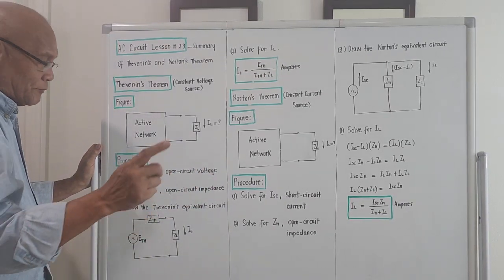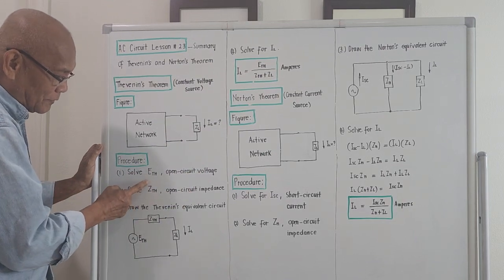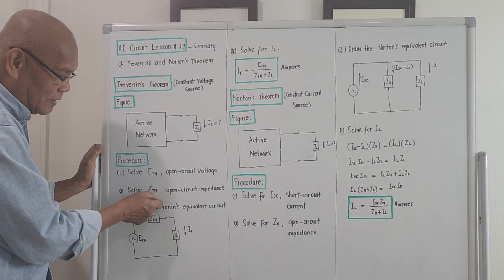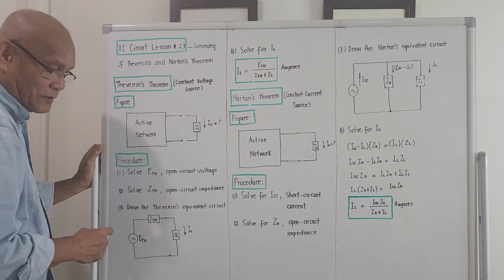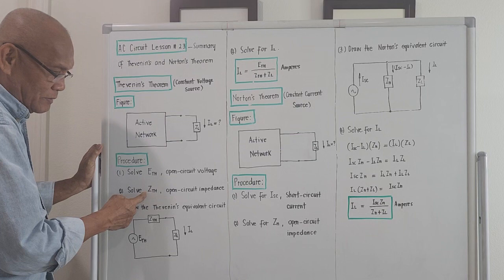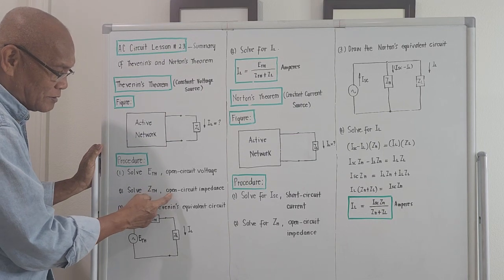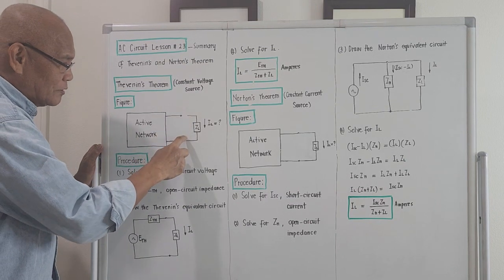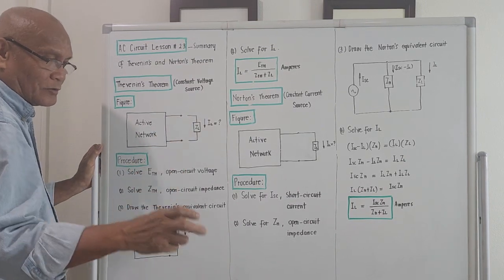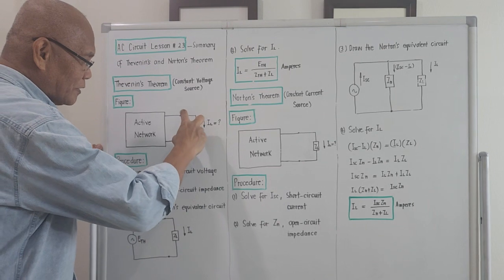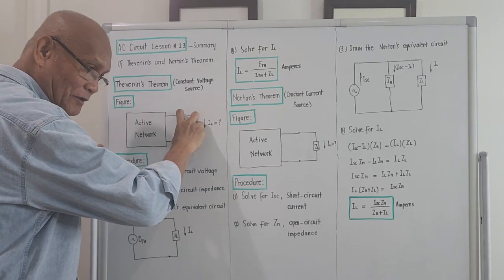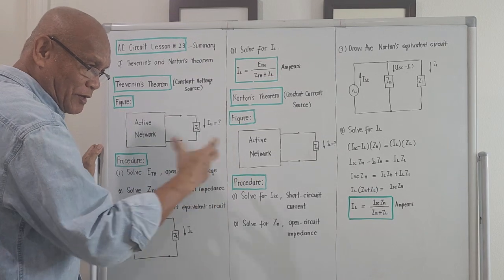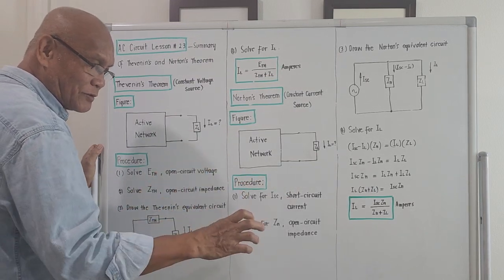Number 2, solve for capital letter Z with the subscript TH. TH refers to Thevenin's. Capital letter Z is impedance, meaning the equivalent of ZTH is the so-called open circuit impedance. Upon the disconnection of the load, if you get your impedance meter, you tap it here. Impedance meter. It is not just only the resistance meter or the capacitance meter. It's an impedance meter.